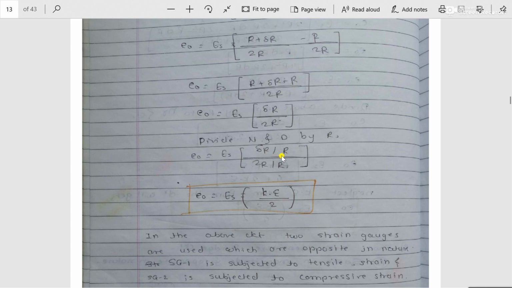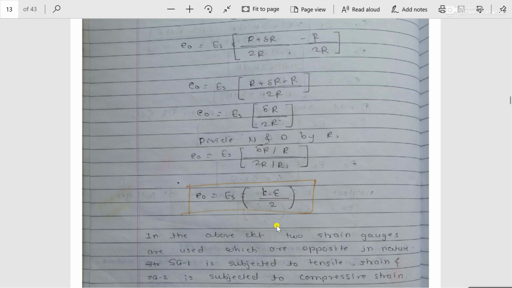So we have derived this particular value from the gauge factor definition. So instead of this delta R upon R, I have written k into epsilon, and from the denominator side this R will get cancelled, only 2 is remaining, and the final equation is E0 is equal to Es in bracket k into epsilon divided by 2.